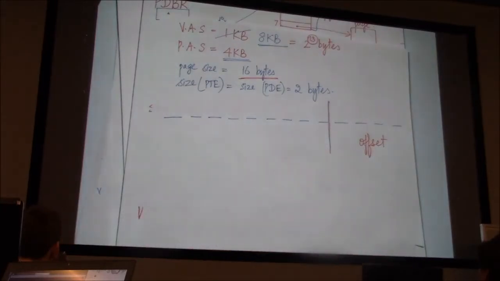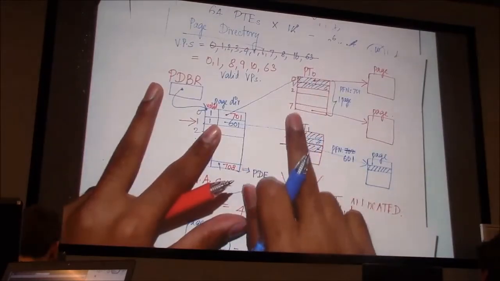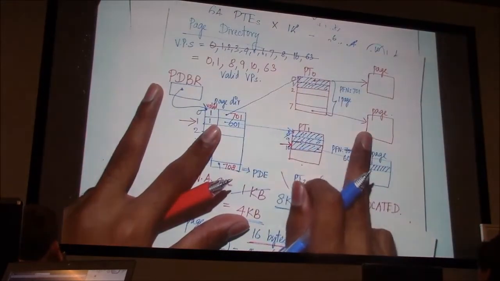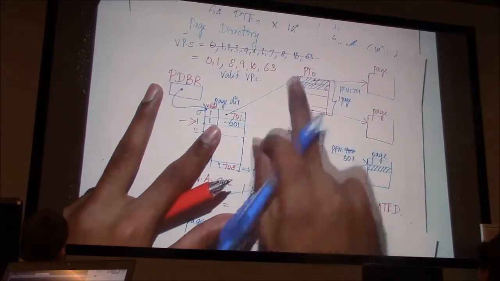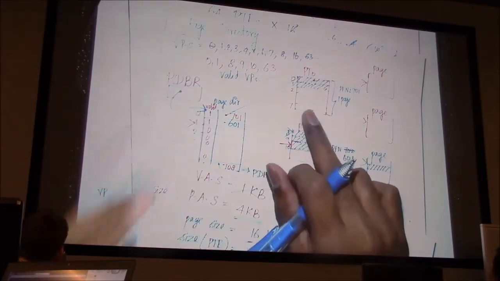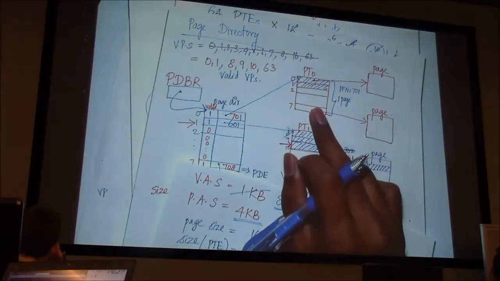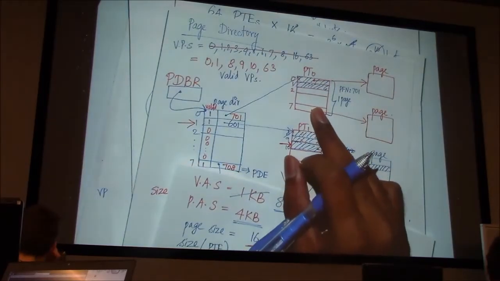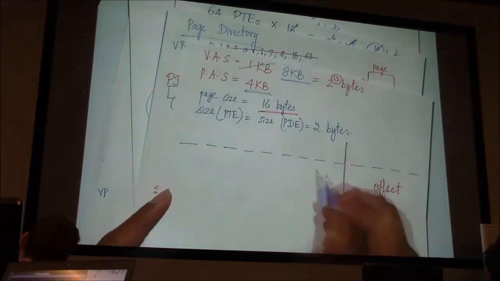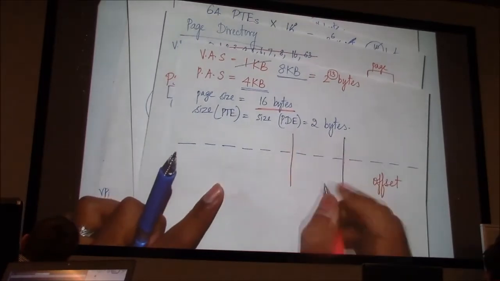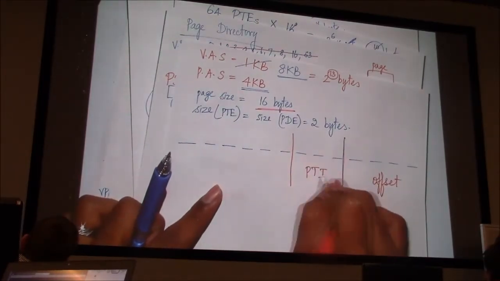But within a single page table, a single page of a page table is still going to point to only 8 different pages, and so we still only need 3 bits for the page table index.